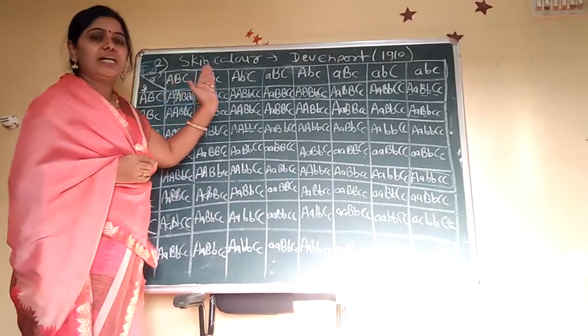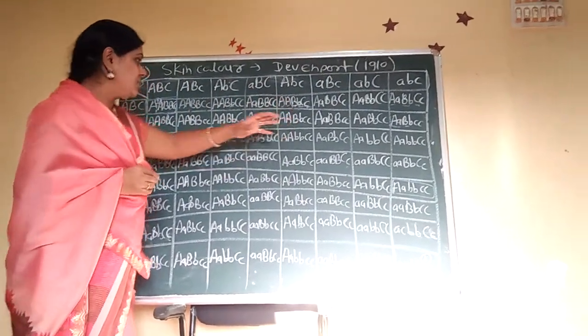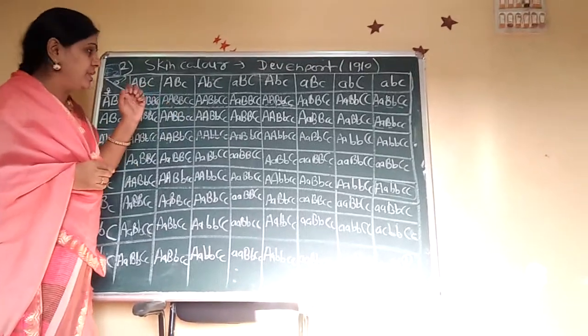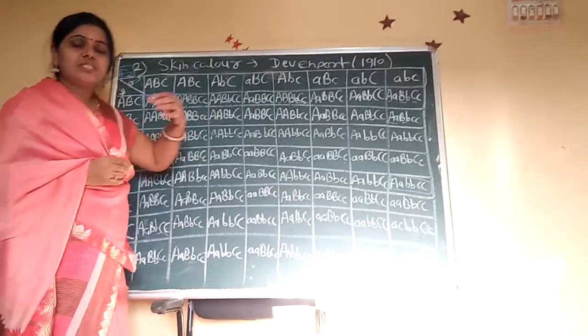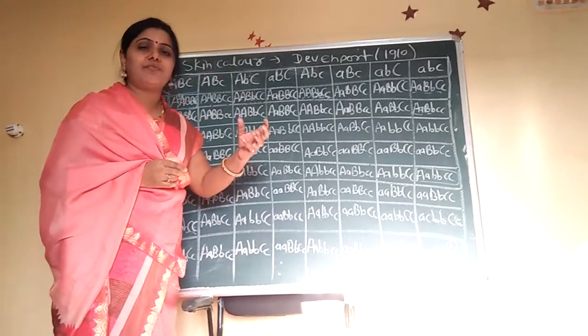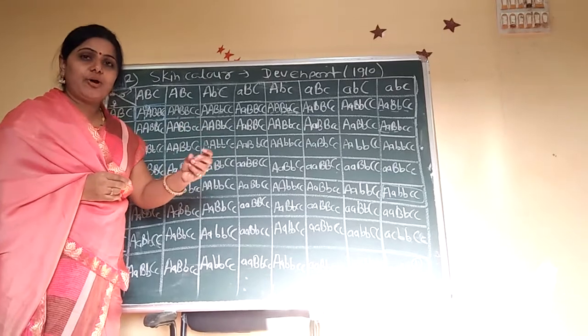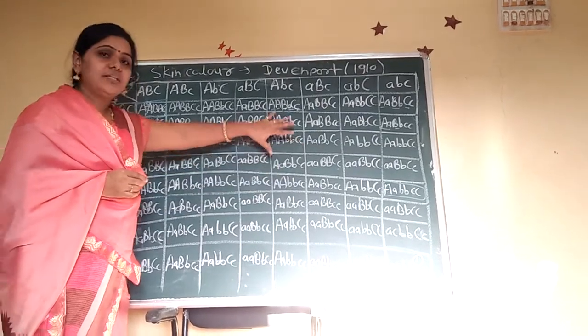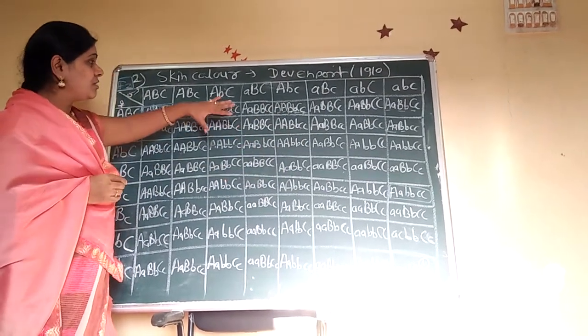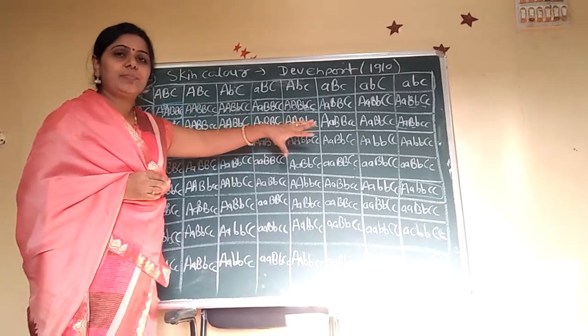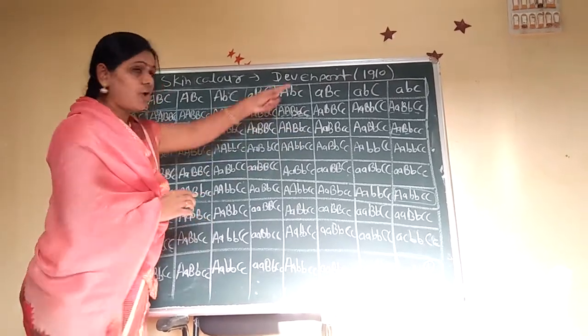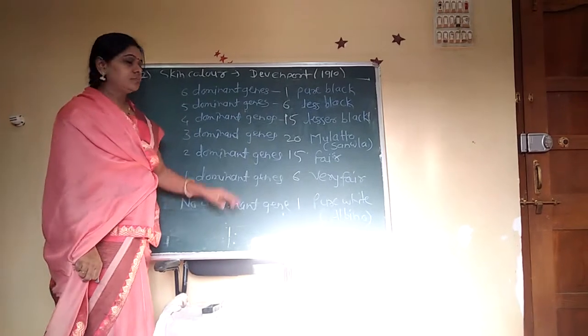Depending on the melanin, the shades of color are present. Then we see the phenotypic ratio and the genotypic ratio from this Punnett square.